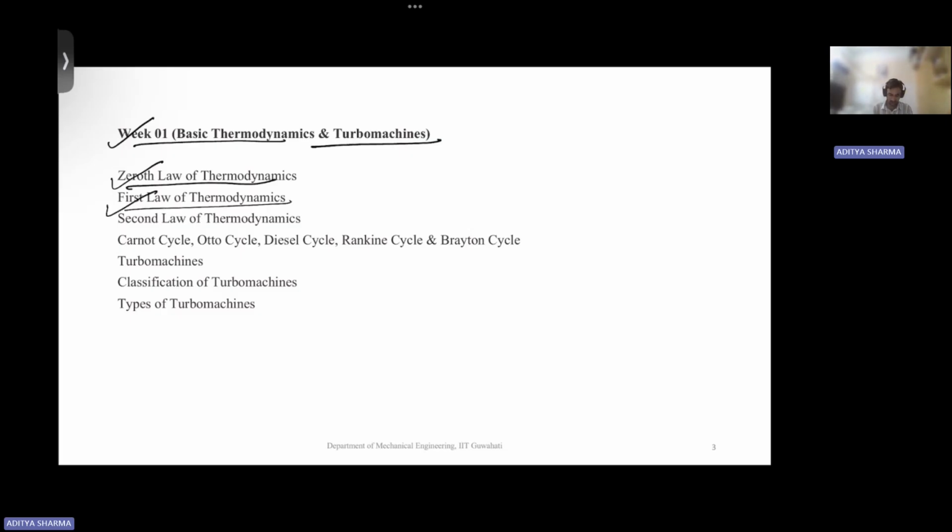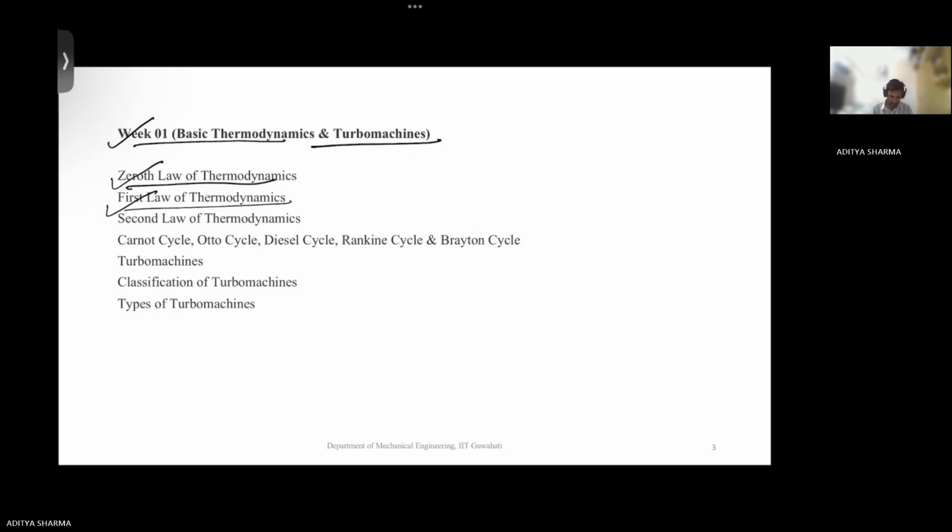Then we saw the first law of thermodynamics, where we equate energy, heat and work, and we get all the expressions for work and heat through this first law. Then is the second law of thermodynamics. All these are basics about thermodynamics.